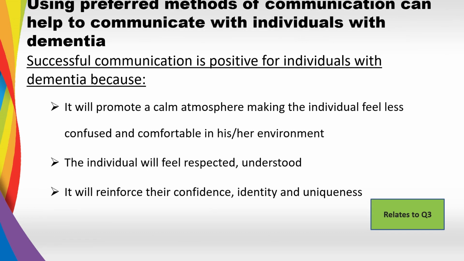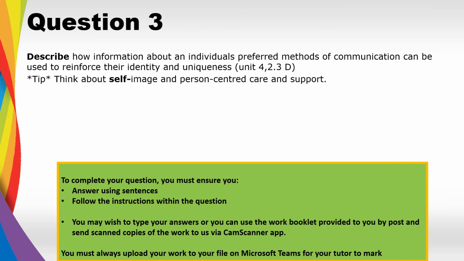Successful communication is positive for individuals with dementia because it will promote a calm atmosphere, making the individual feel less confused and comfortable in his or her environment. The individual will feel respected and feel understood. It will also reinforce their confidence and their identity and uniqueness.